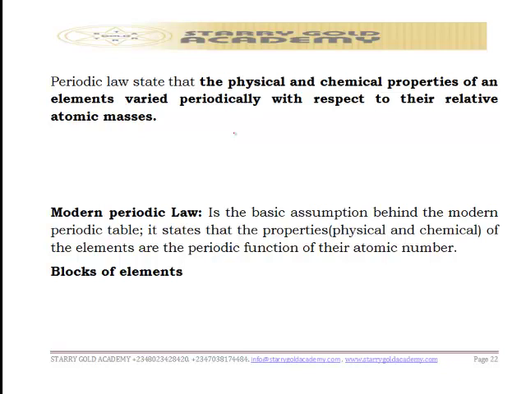When he was arranging the periodic table, his arrangement was based on their relative atomic mass. Sorry, I made a mistake there. It is relative atomic mass, not relative atomic number. It was based on their relative atomic mass, or we can use relative atomic weight.